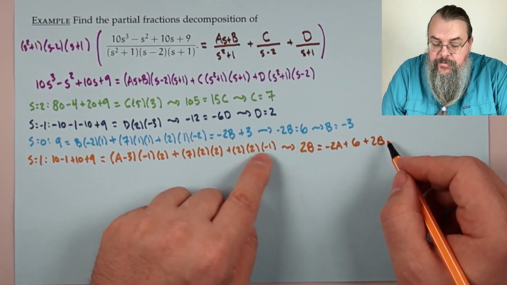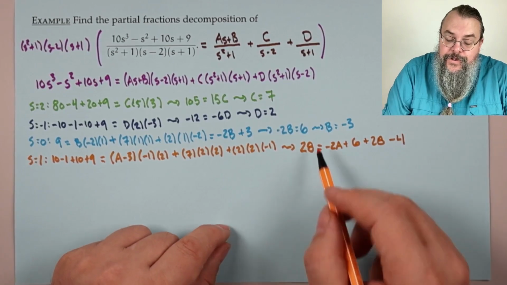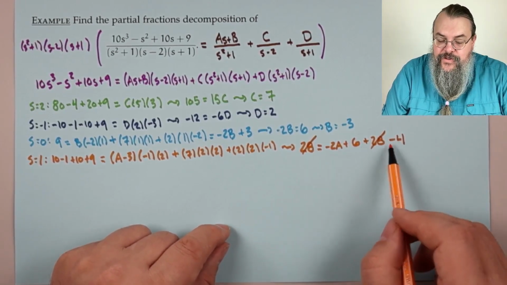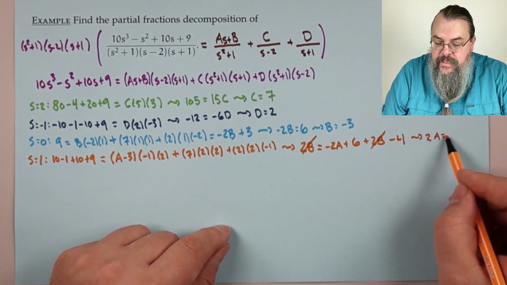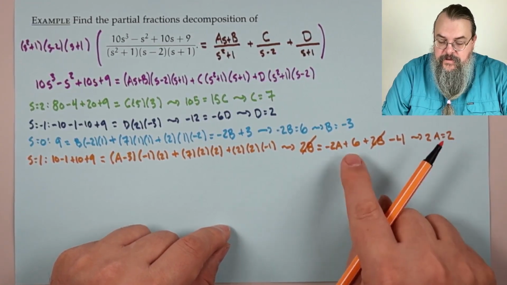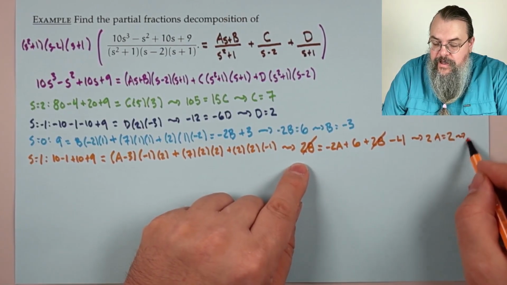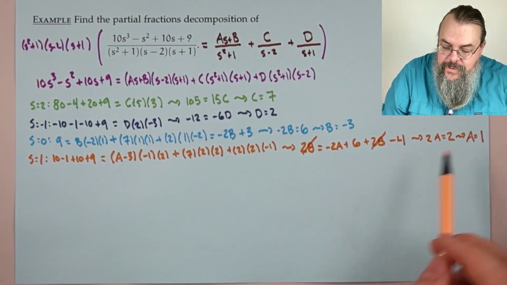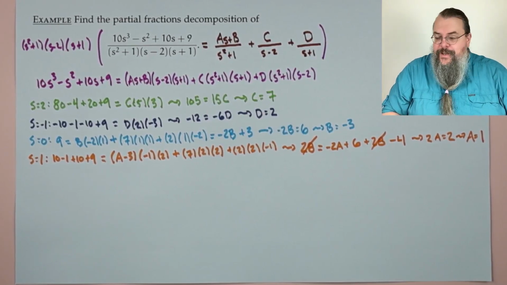And then 2 times 2 minus 1 is minus 4. Well, the 28s cancel. 6 minus 4 is 2. So this says that 2A equals 2, right? Because I can move the 2A across, equals 2, or A equals 1. Great. So we've gotten A, B, C, D. We've got everything. All right.